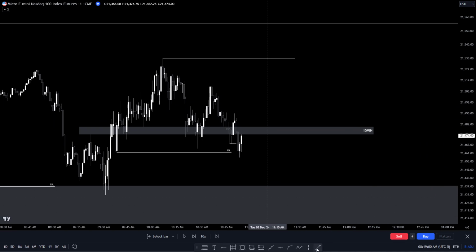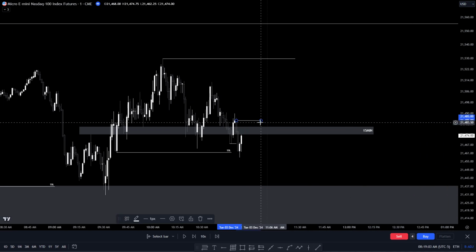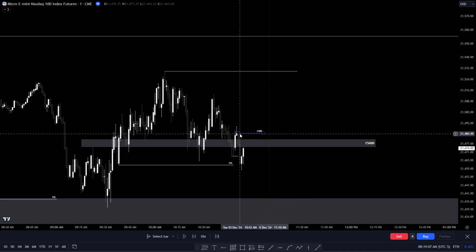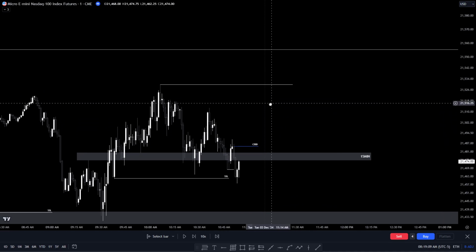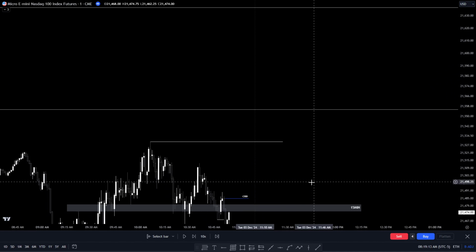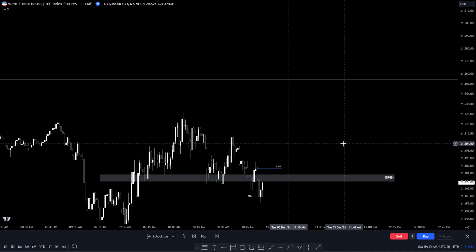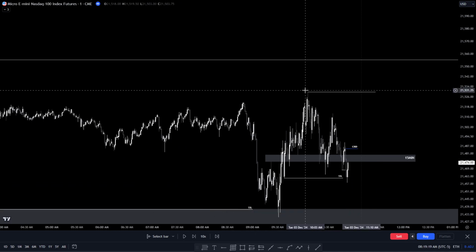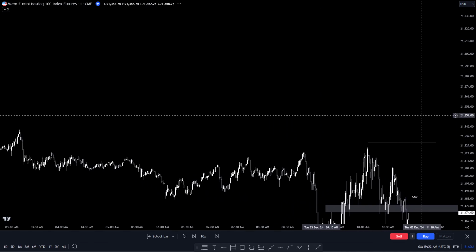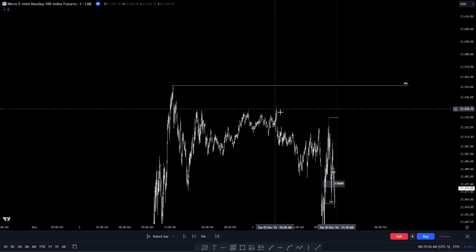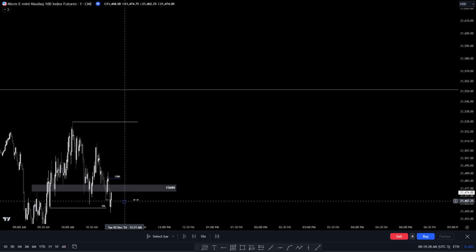Okay. And now, if we get a change to the state right here, a closure above this sequence of candles, we can target these highs. And depending on what type of trader you are, you can even target the all-time highs. But for right now, we're just going to target this internal level and this internal level as well from the previous day.